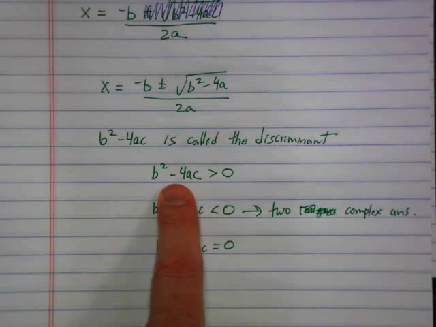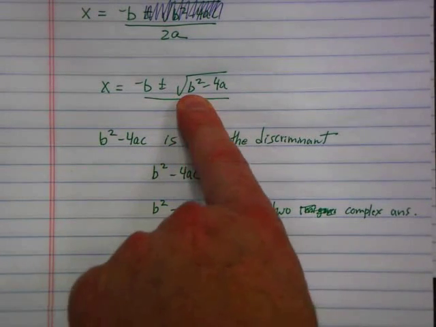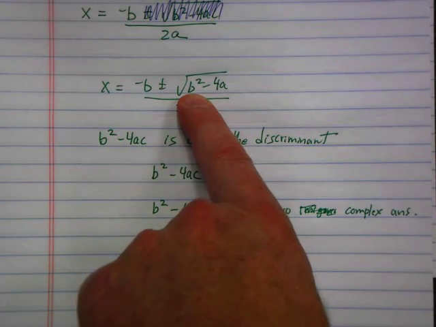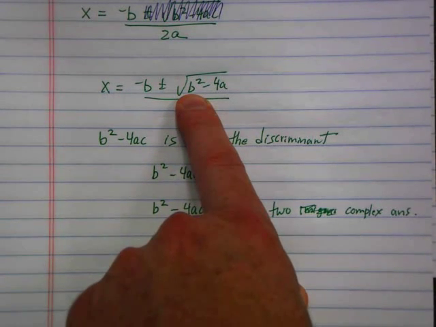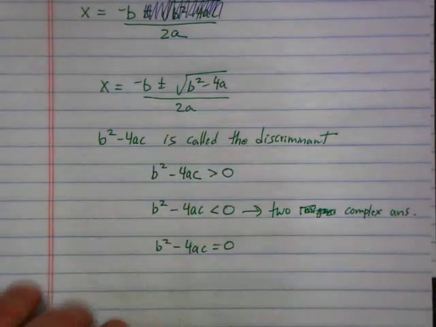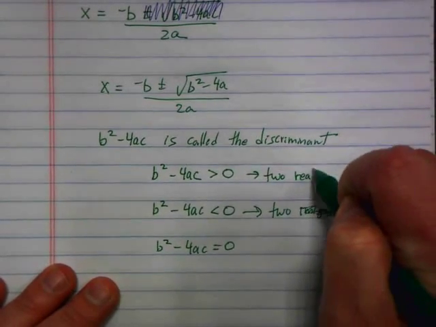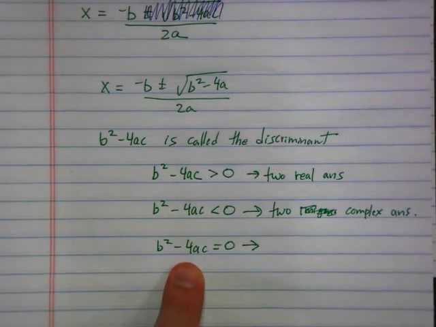What happens if b squared minus 4ac is a positive number? What happens if you have positive numbers under your square roots? What kind of answers do you get? You get real answers, don't you? You don't get complex, you get real. So you would get two real answers. And this one's kind of the weird one. We haven't had this happen yet, but it can happen.